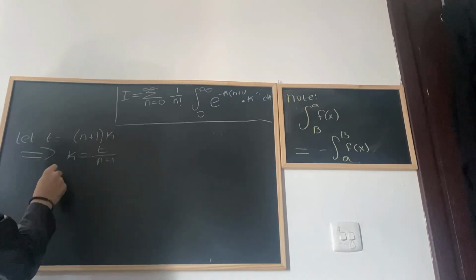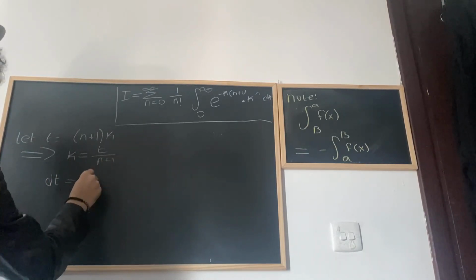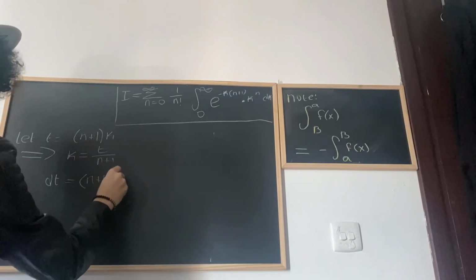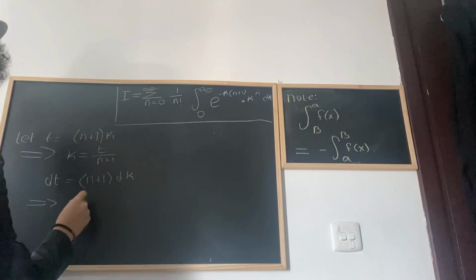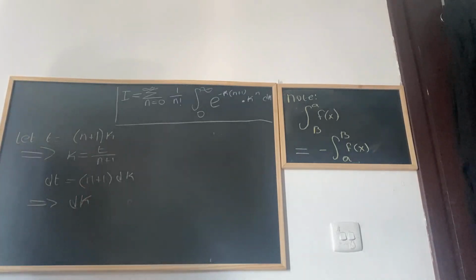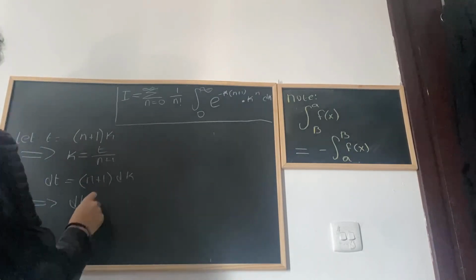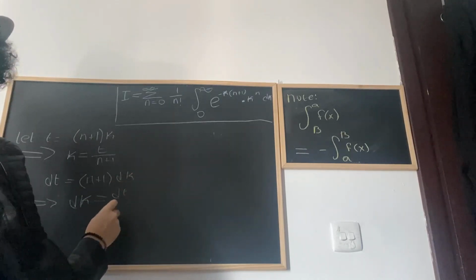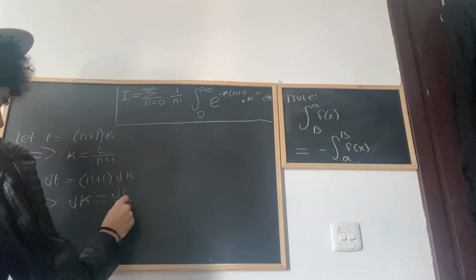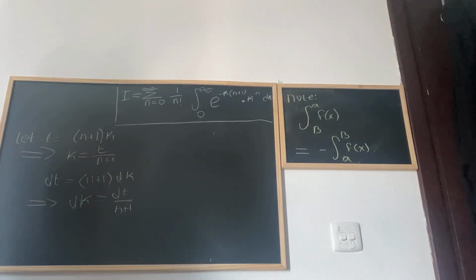Now dt is equal to n plus 1 dk. And this implies that dk is equal to dt over n plus 1. Okay. Let's do this. This is amazing.